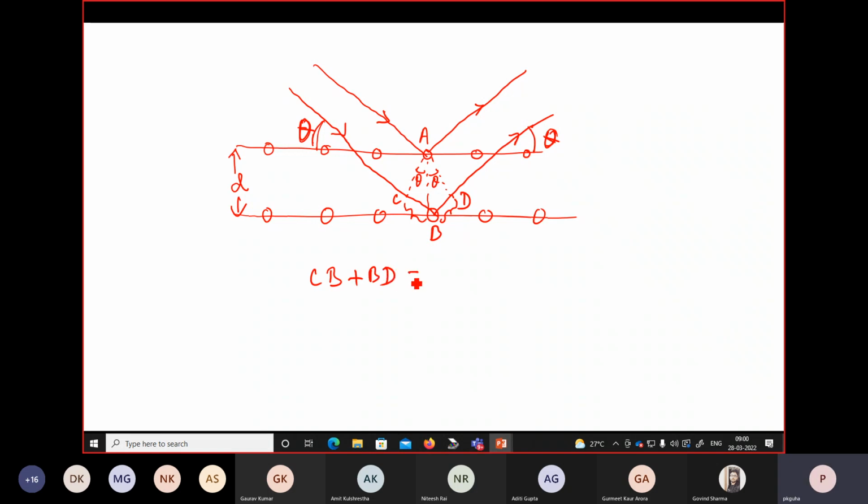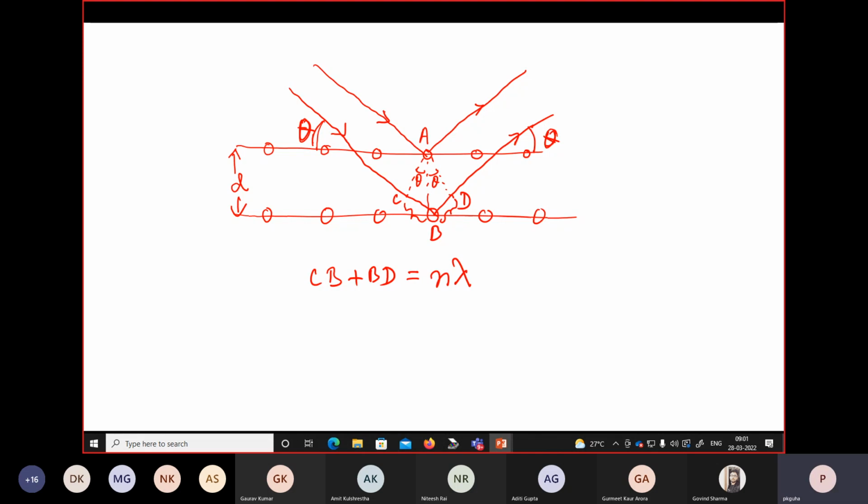So if this extra path is equal to n lambda, then what will happen? The second beam will interact with the first beam and form constructive interference, right?